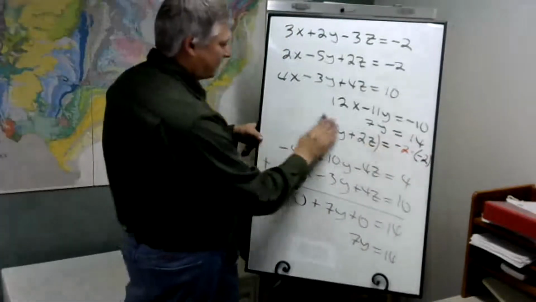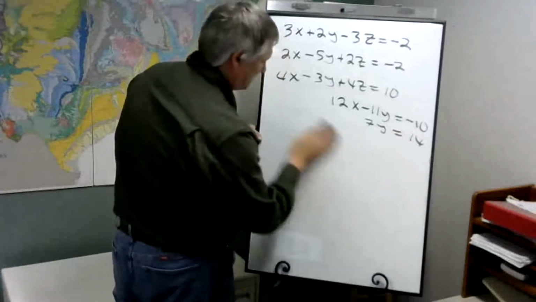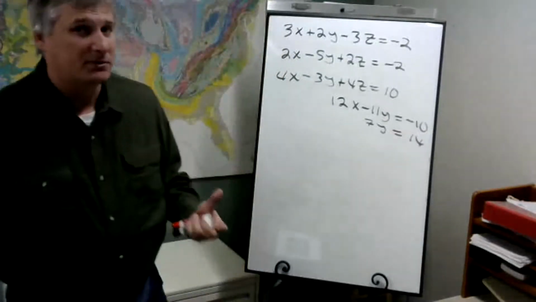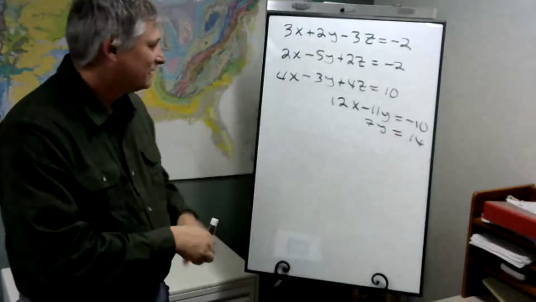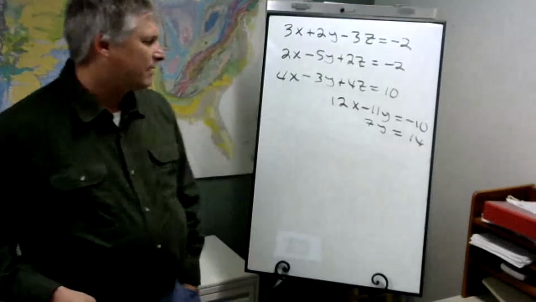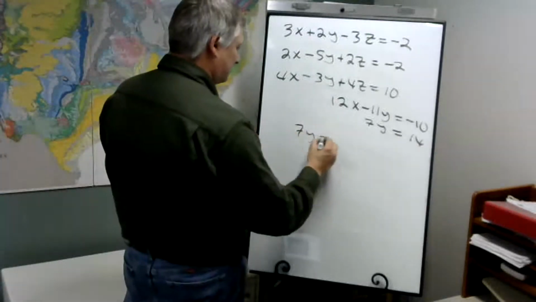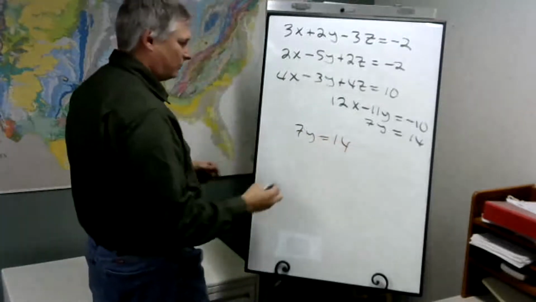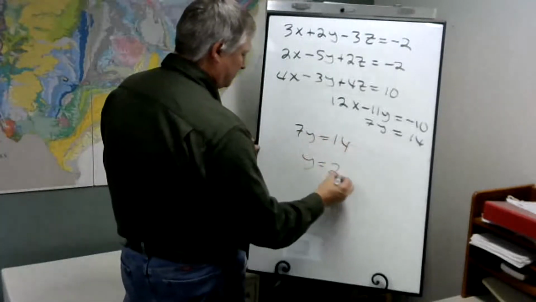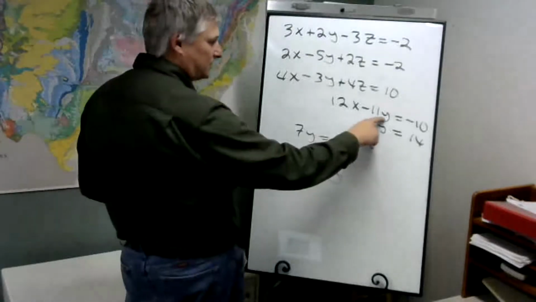And then once we have our system of equations of just x's and y's, we solve the system as we did before. So this one's going to be easy to solve. Divide both sides by 7, and we'll get y is 2. Then take the y is 2 and substitute it in here.